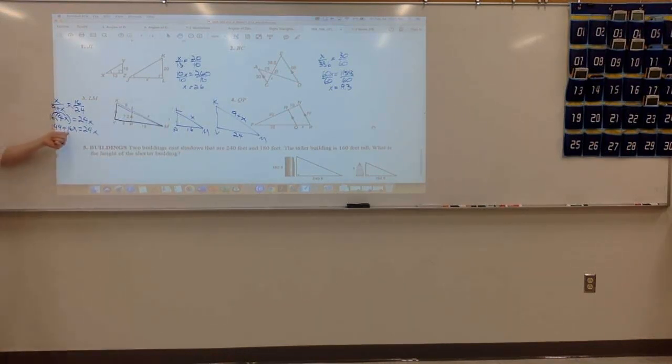Then I will move my 16x over to the right side, and I'll get 144 equals 8x. Divide both sides by 8. That gives us 18.